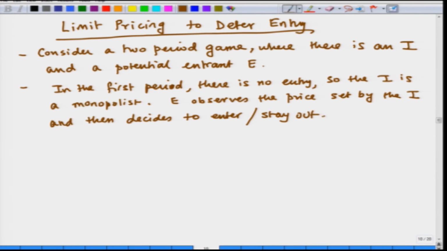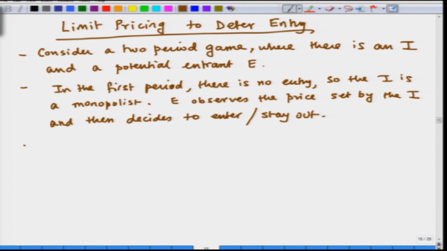So, in the first period there is no entry, the incumbent is the monopolist, chooses the price, the entrant observes the price set by the incumbent and then decides whether to enter or not enter. If it decides to stay out, then at t equal to 2, again the incumbent remains a monopolist, and if the entrant decides to enter at t equal to 2, the entrant also chooses a price, and both the firms get profits. We will put structure to that in a moment.